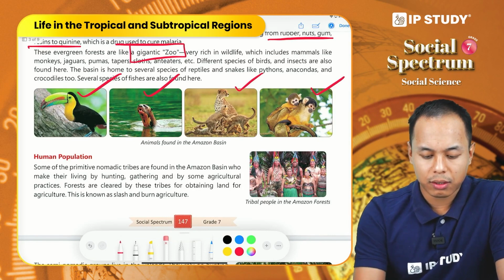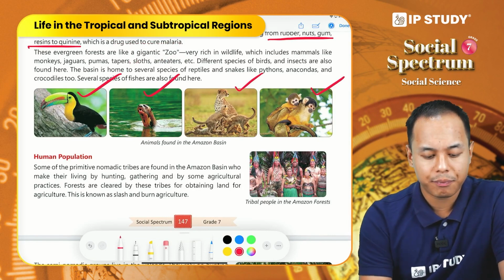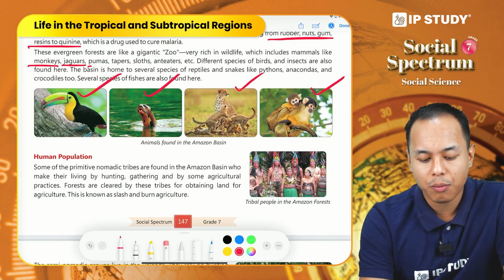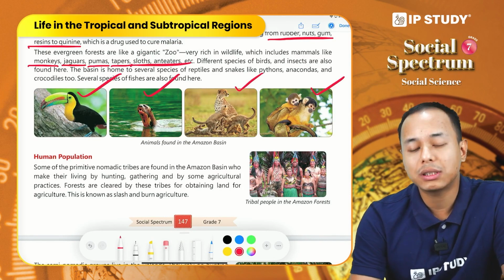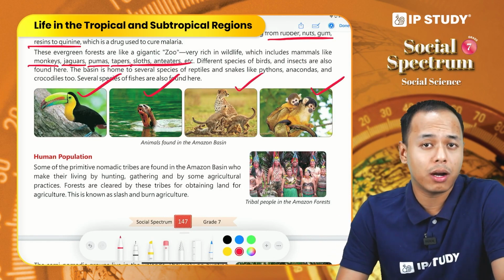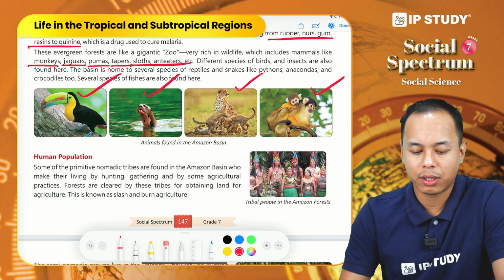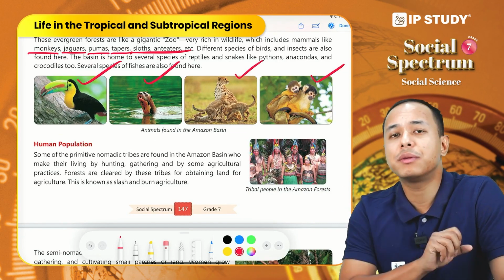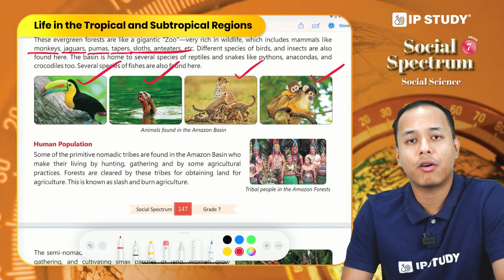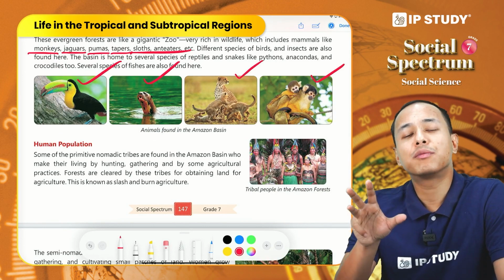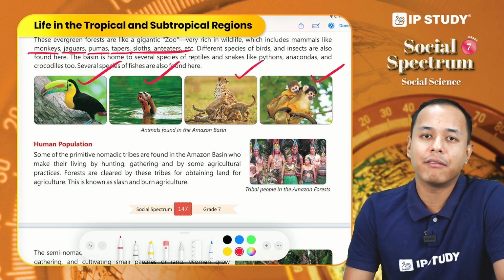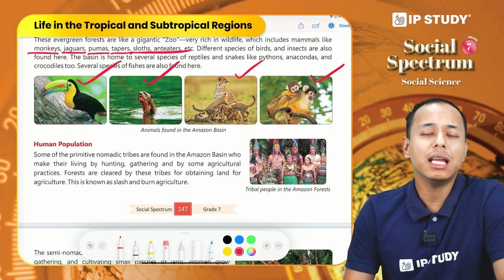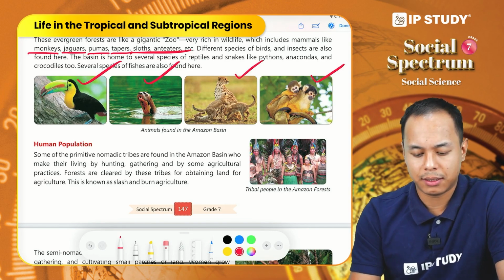So what are the different animals that live there? Monkeys, jaguars, pumas, tapirs, sloths, anteaters, and many other animals. Not only animals, we also have different species of birds living in Amazon forest, and also different species of reptiles and amphibians that inhabit the Amazon river basin.